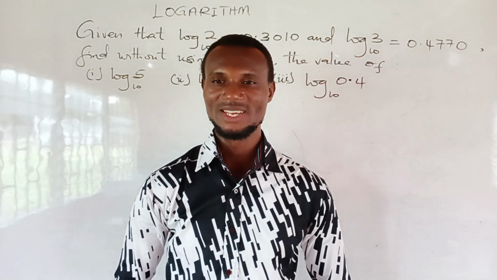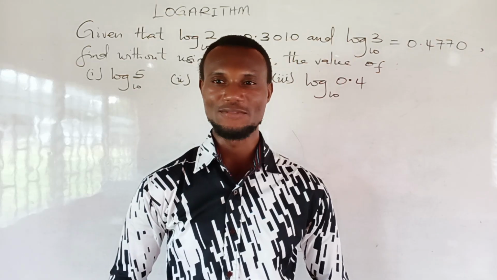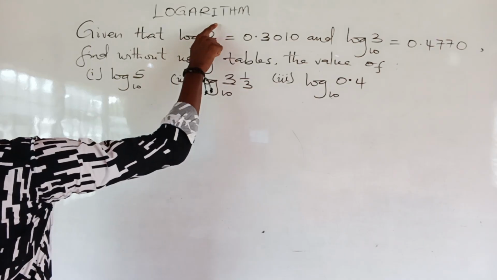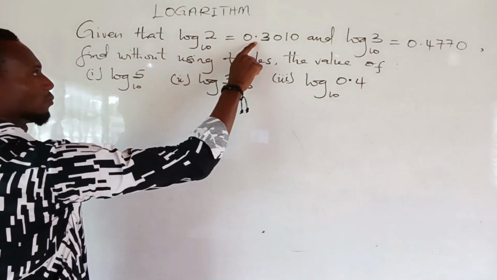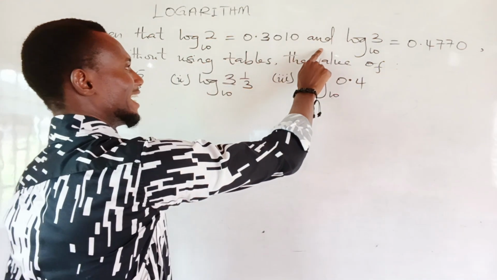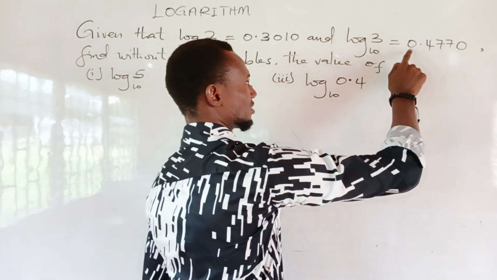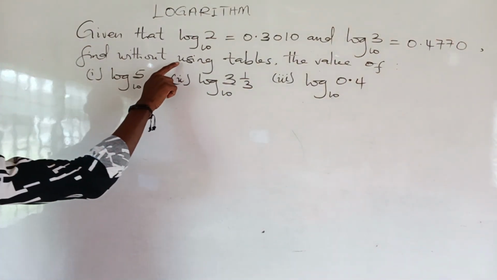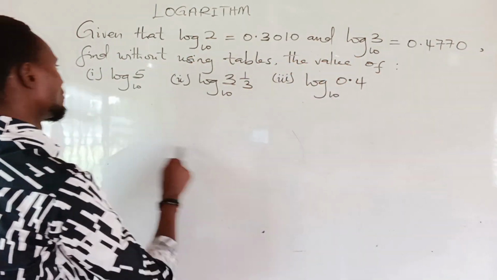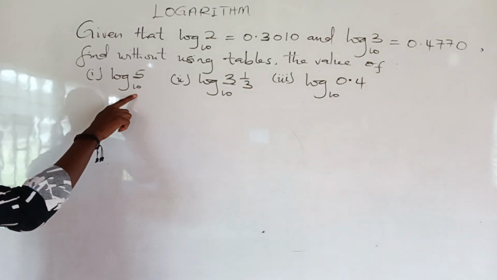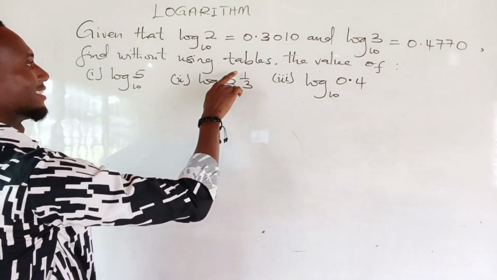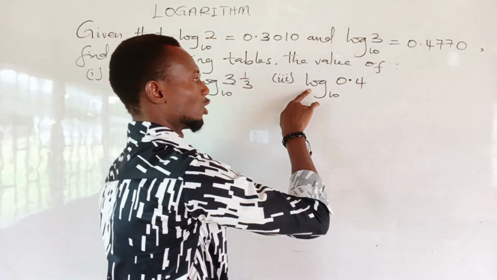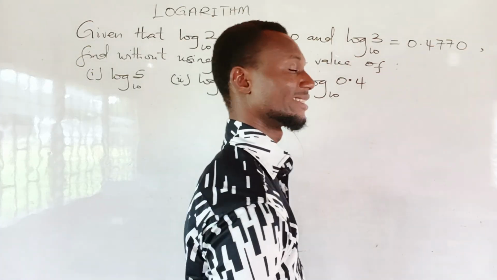Let's go ahead and take a look at the question that I have on the board. So the question says that given that log 2 to the base 10 equals 0.3010 and log 3 to the base 10 equals 0.4770, find without using tables the value of (i) log 5 to the base 10, (ii) log 3 1/3 to the base 10, and (iii) log 0.4 to the base 10.